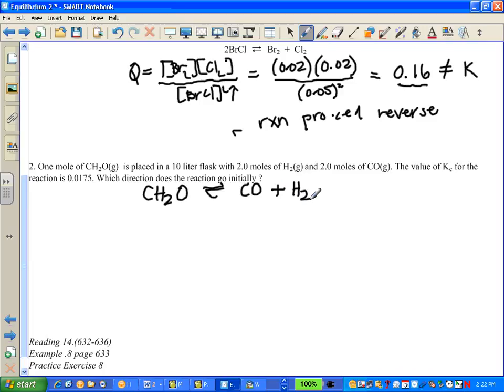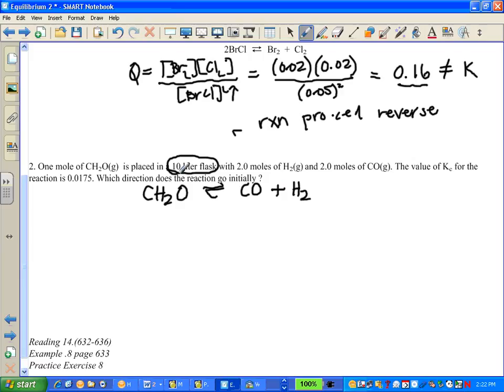So it's asking you which direction the reaction needs to go initially. You've got some of each of the reactants and products. You're going to need to determine Q and make a decision about the direction of the equilibrium. Be careful in this case, because it's a 10-liter flask instead of a 1-liter flask. So you will need to determine the concentration.